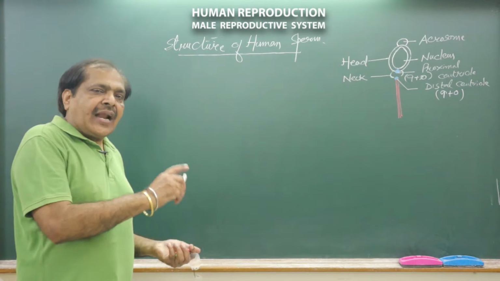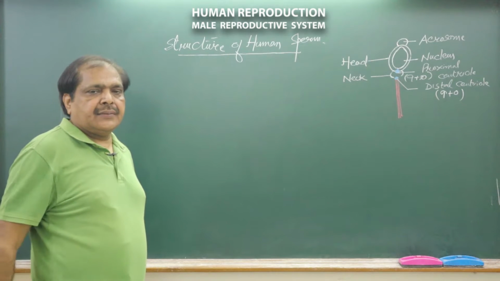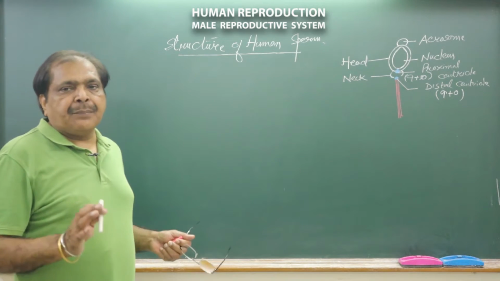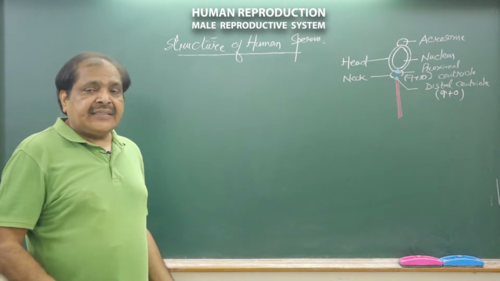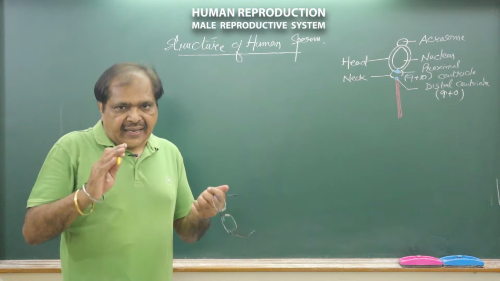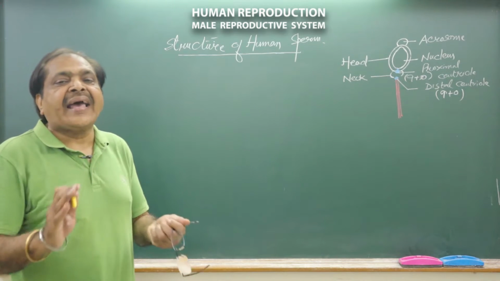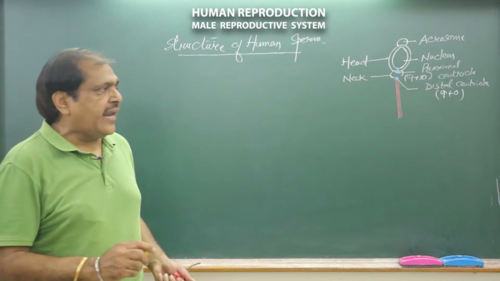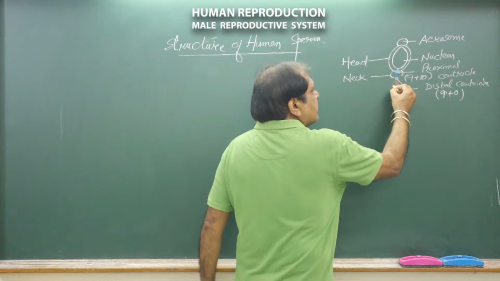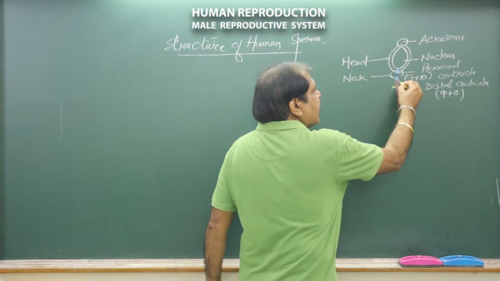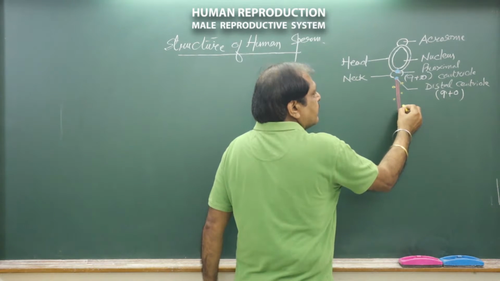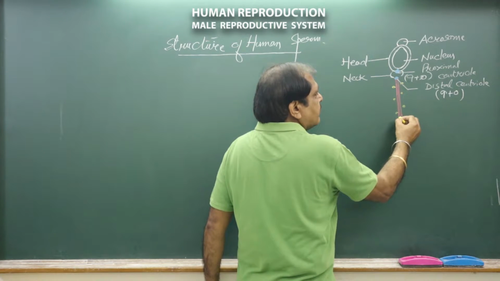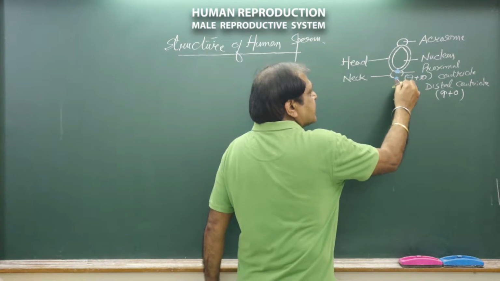Around this axial filament, there are present mitochondria. These mitochondria are arranged in a spiral fashion, like this.